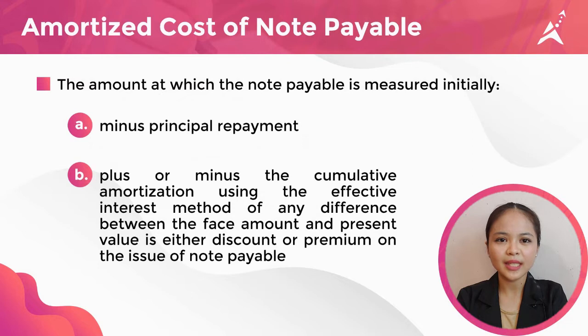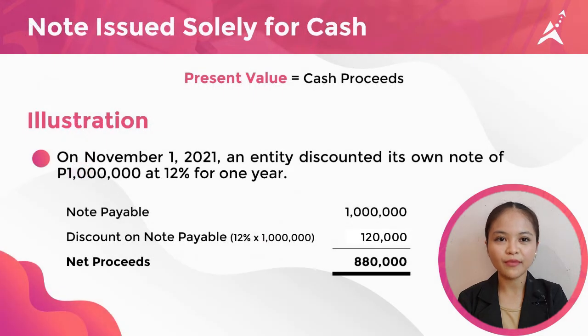Actually, the difference between the face amount and present value is either discount or premium on the issue of note payable. Now, we are going to tackle note issued solely for cash. When a note payable is issued solely for cash, the present value is equal to the cash proceeds.